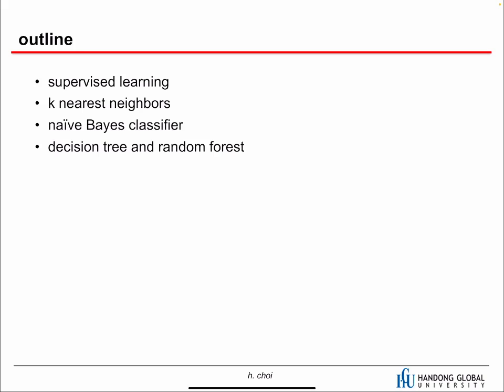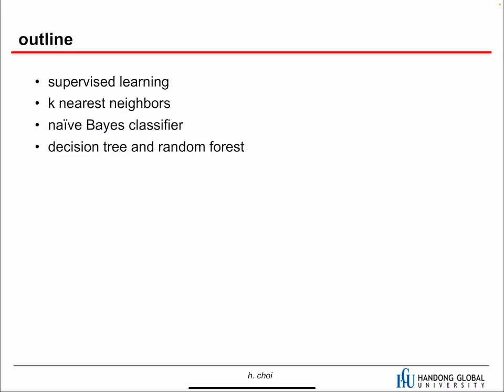This is the outline of this chapter. First of all, we are going to talk about supervised learning, which covers classification and regression. There are some basic ideas and concepts shared by classification and regression. And then we're going to learn three representative classification algorithms.